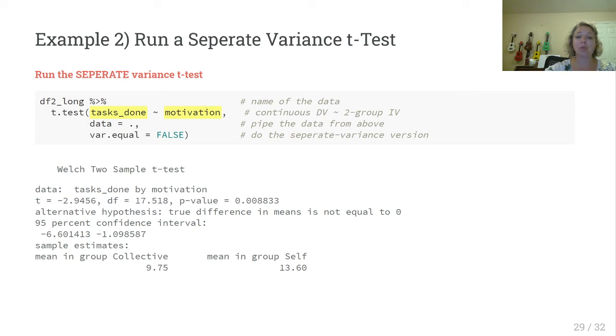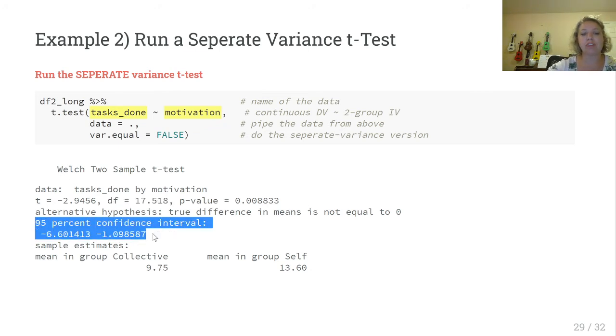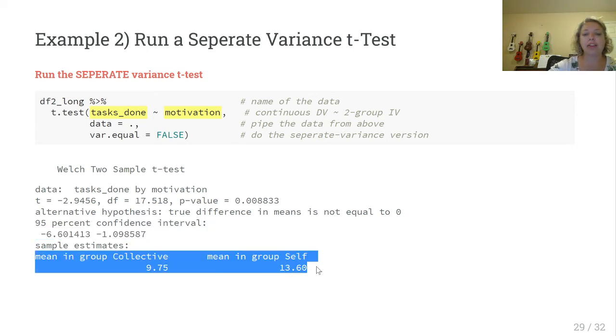Welch's is doing an adjustment to the degrees of freedom to help make the p-value more accurate in the presence of those violations of homogeneity of variance, small groups, and unequal group sizes. Now we get a confidence interval for the difference between the means as well as reporting the actual group means.